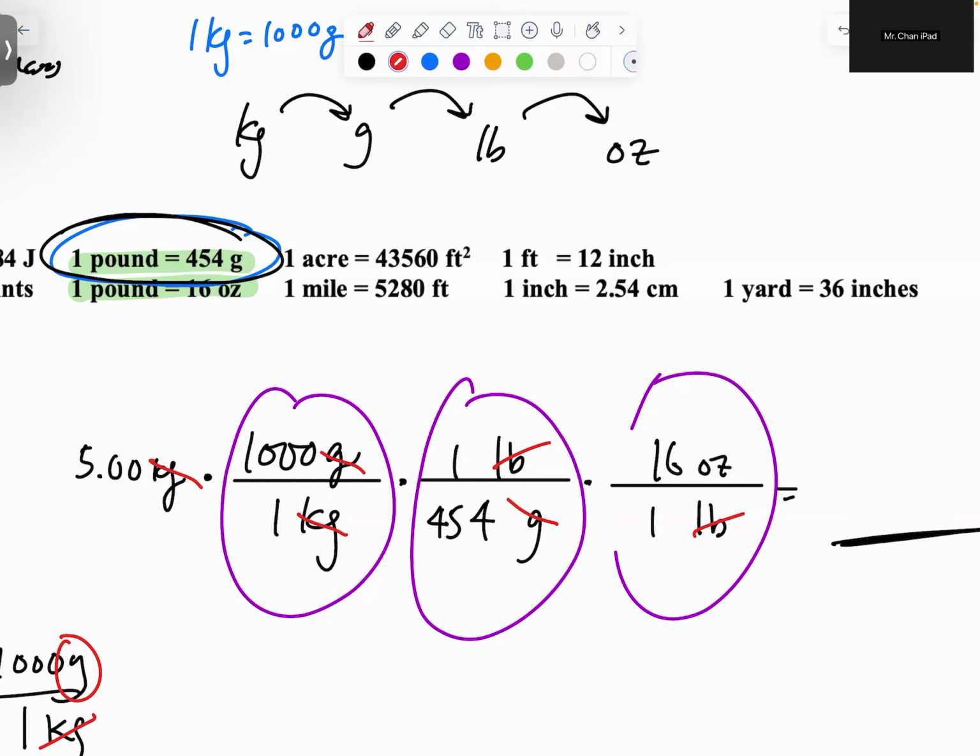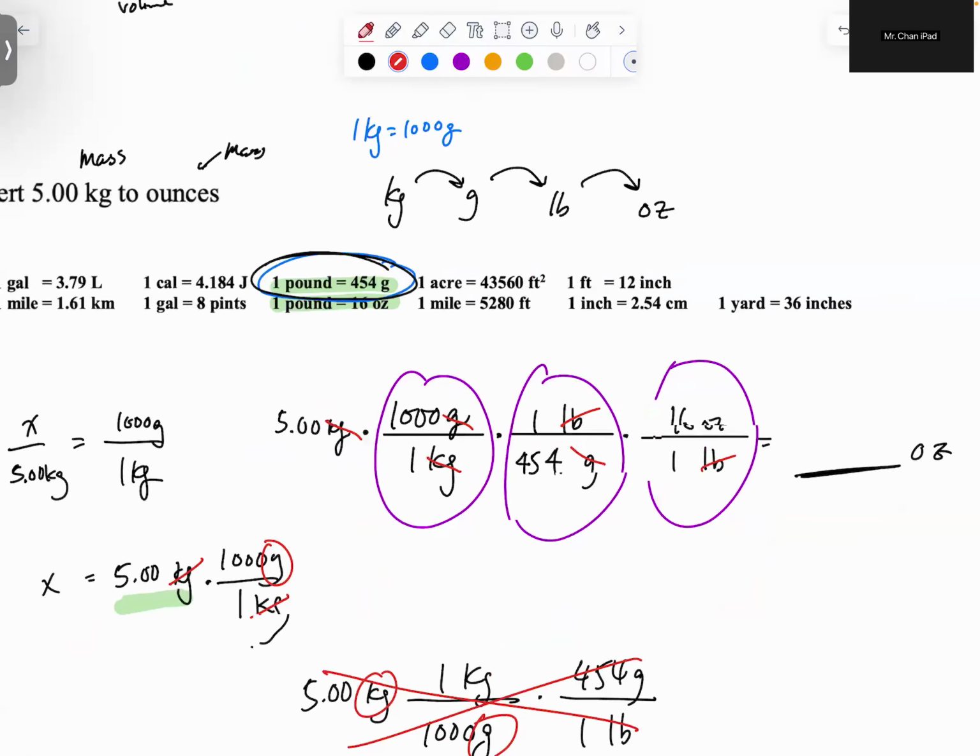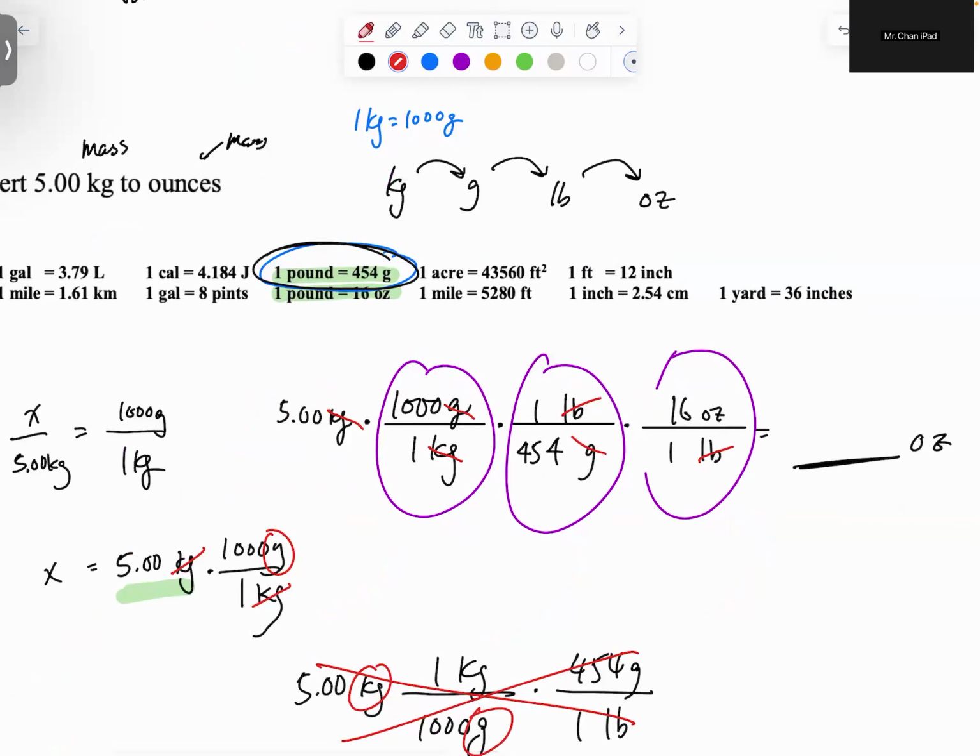So for me, what I would recommend you is to do this. Just take care of one fraction at a time. Times 1,000 divided by 454 and then times 16. You can just type this into your calculator chronologically from left to right, and you should get 176.